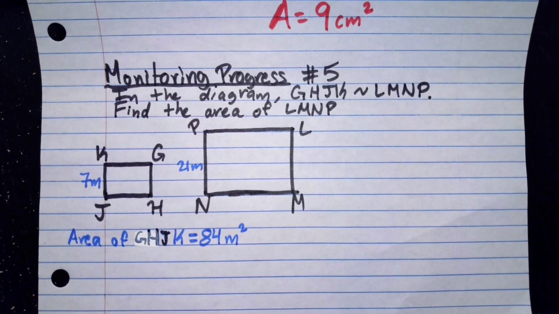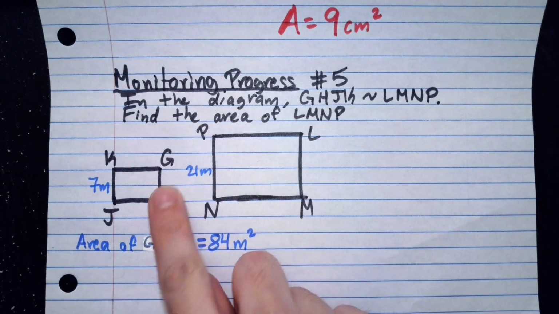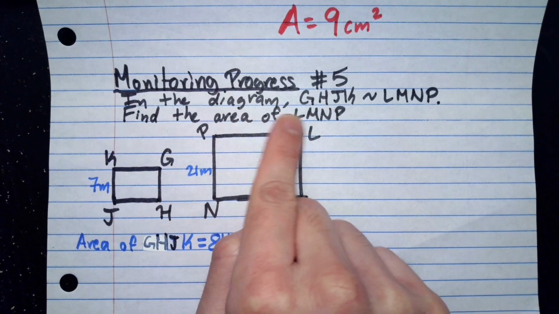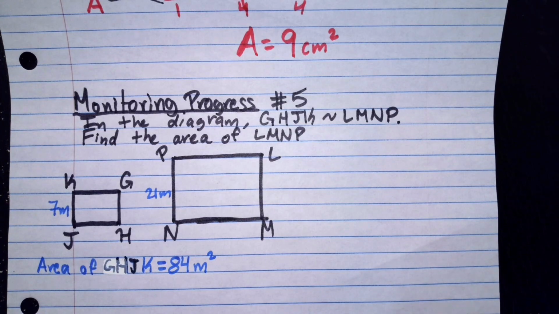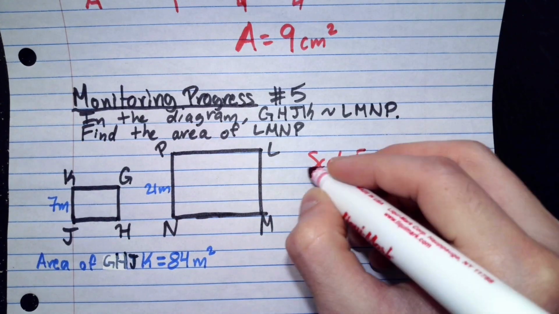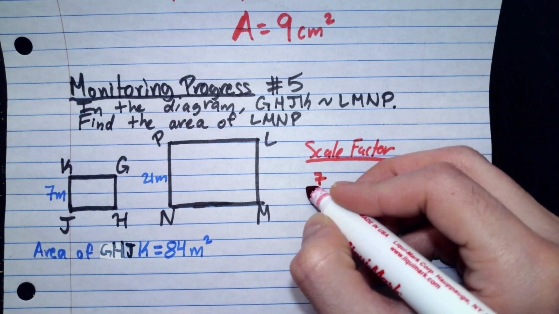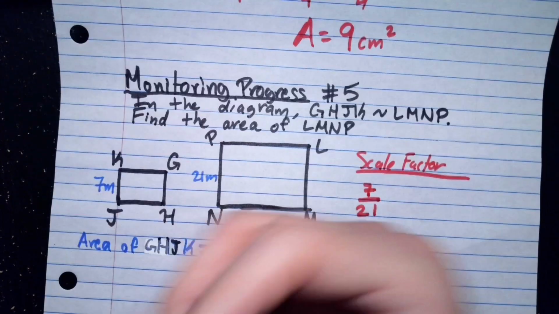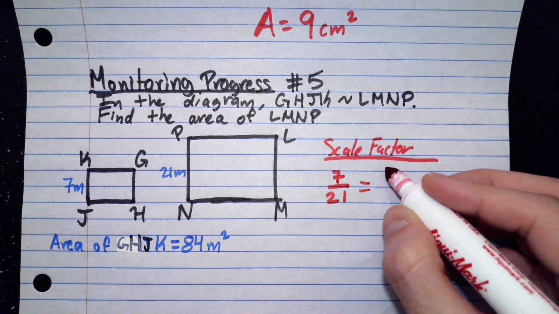Now for this one, monitoring progress 5, we're doing the same thing. In the diagram, GHJK, which is this little rectangle, is similar to element P, which is this bigger one. Find the area of element P. Just like before, we're going to find the scale factor. In this case, I'm going to do 7 over 21, because I know this and this are corresponding. 7 over 21 actually reduces to 1 over 3.